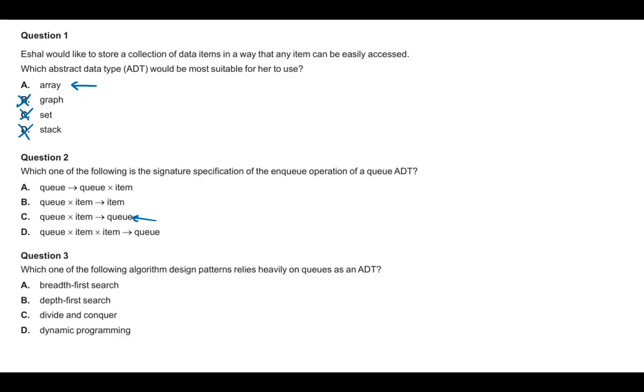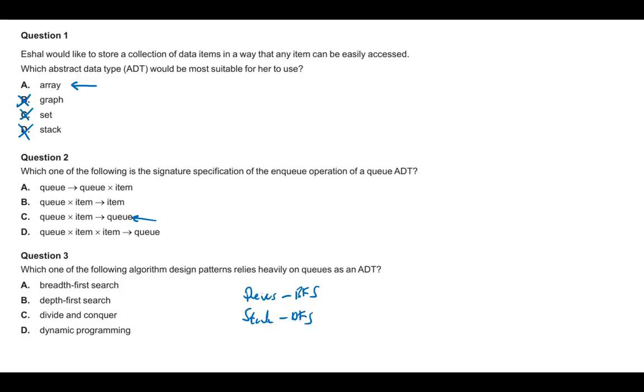Question 3. This is the first one which illustrates that algorithmics exams do require you to be a little bit versatile sometimes, because BFS and DFS are not design patterns, but we kind of know what it means. And if we've done any kind of revision, we would be thinking queues are related to BFS and stacks are related to DFS.